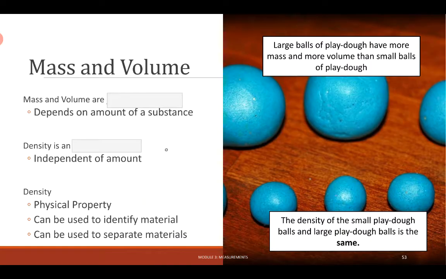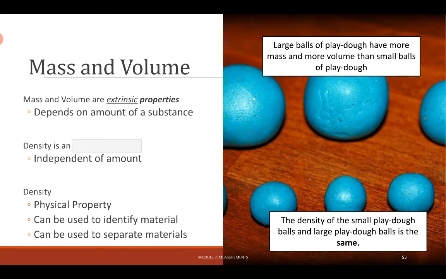So as I said before, mass and volume depend on the amount of substance there is. And so if you look at all these different Play-Doh balls, the small balls are going to have less mass, but they also occupy less volume. So mass and volume are what we call extrinsic properties. They depend on the amount of substance there is.